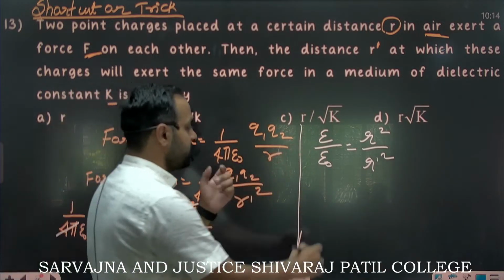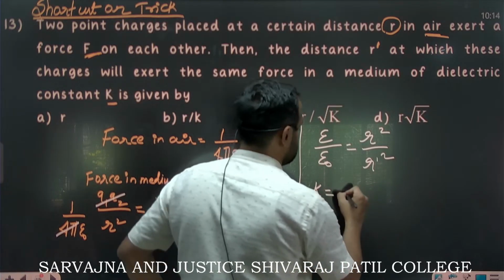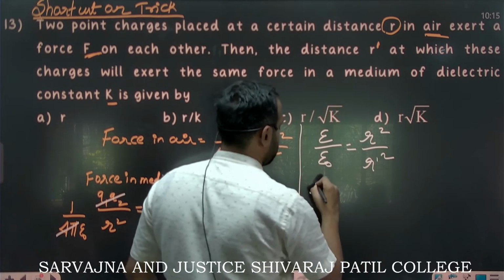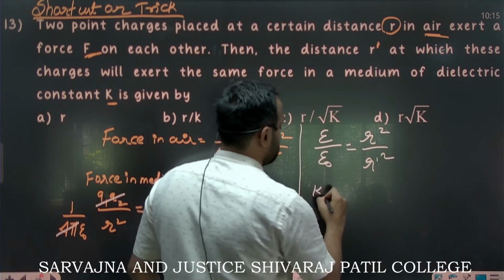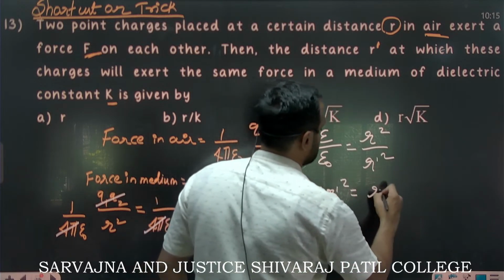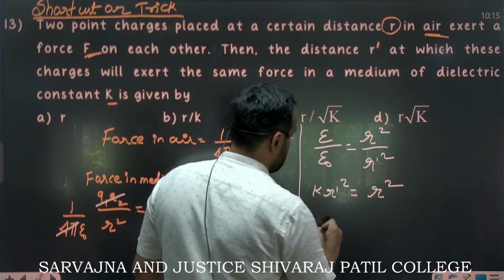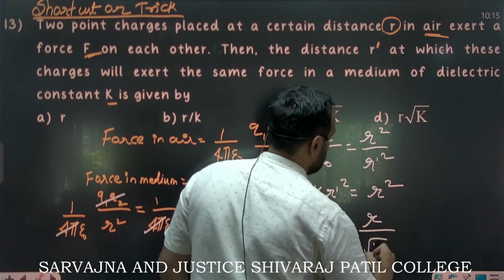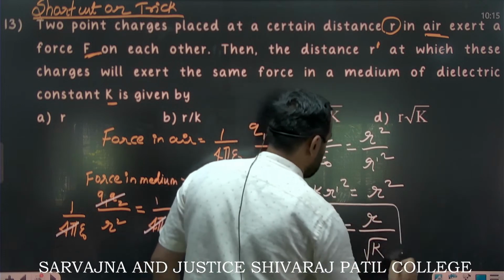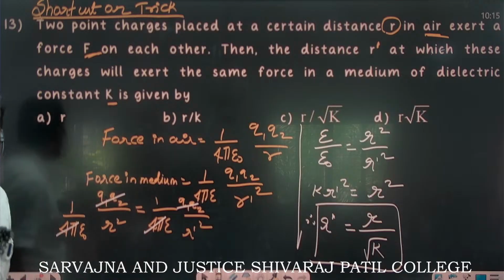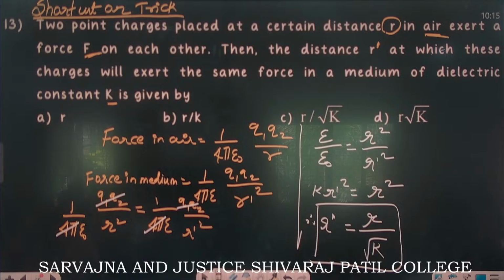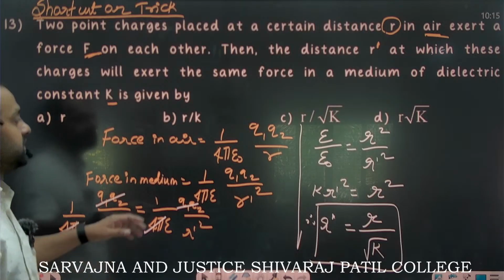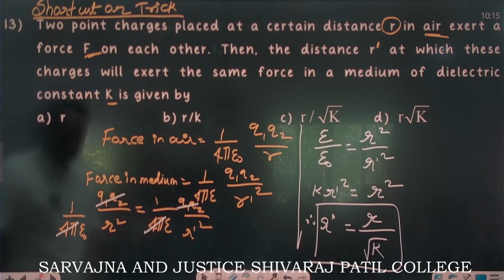Epsilon by epsilon naught is nothing but K. K into R dash square is equal to R square. So therefore R dash is equal to R divided by root K. Okay. How do we write this in short?